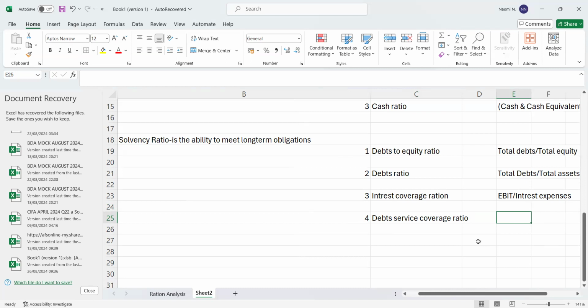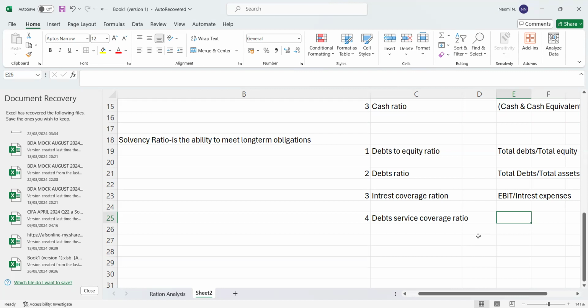In fact, the solvency ratio is easier because you only compare your debts, interest, total assets, and debts, whereas here we check whether we are able to pay the debts together with the interest.